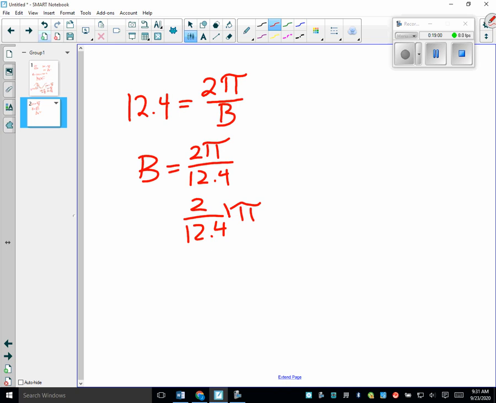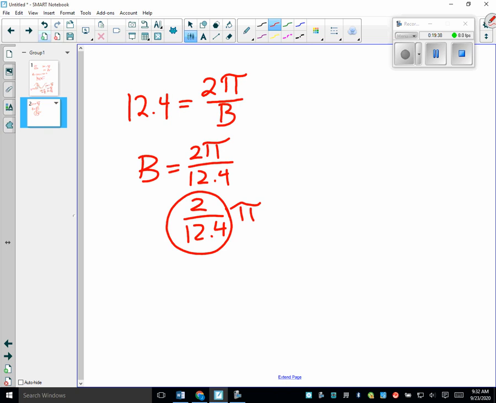Can I put this fraction in my calculator and get a real fraction? 5 over 31? Go to math, arrow, frac. We decided 5 over 31.